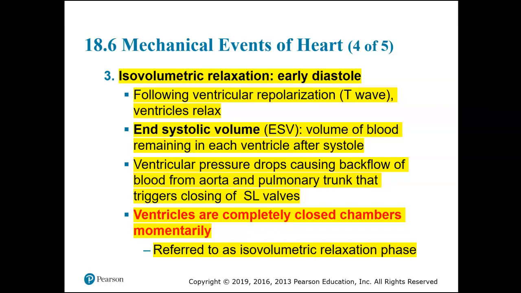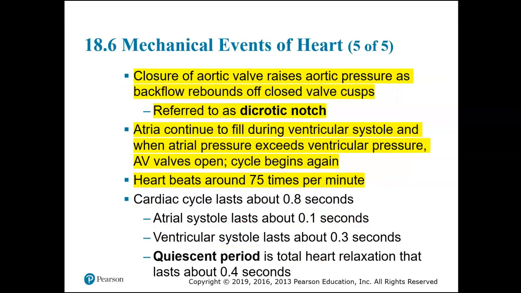And for this momentary event, isovolumetric relaxation, all the valves are closed. And that occurs until the pressure in the atria becomes higher than the ventricles and the AV valves open.